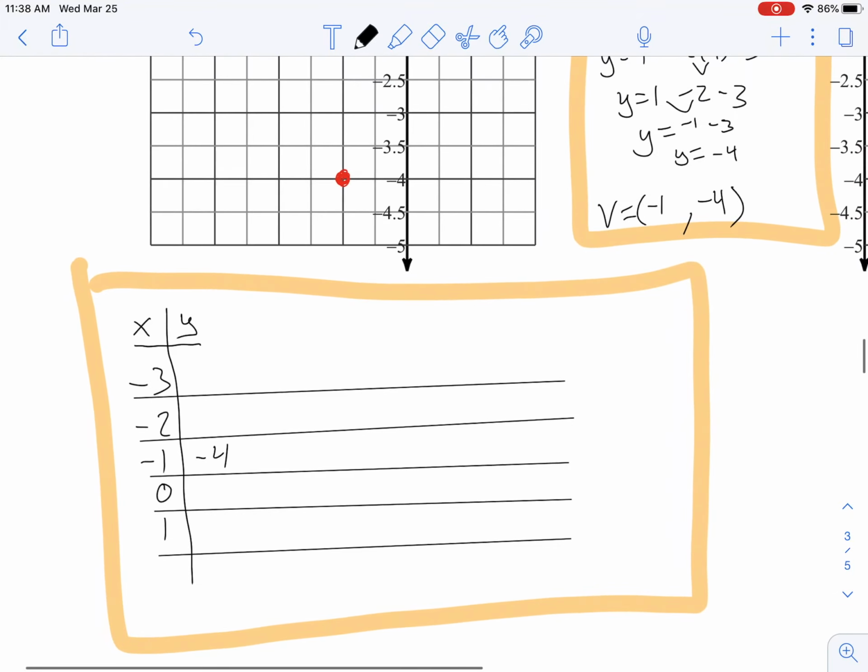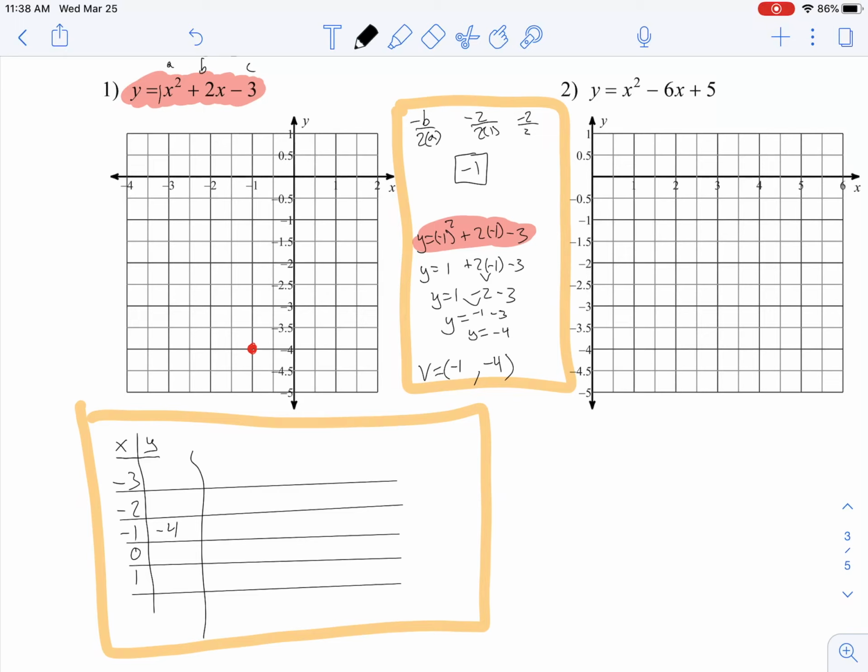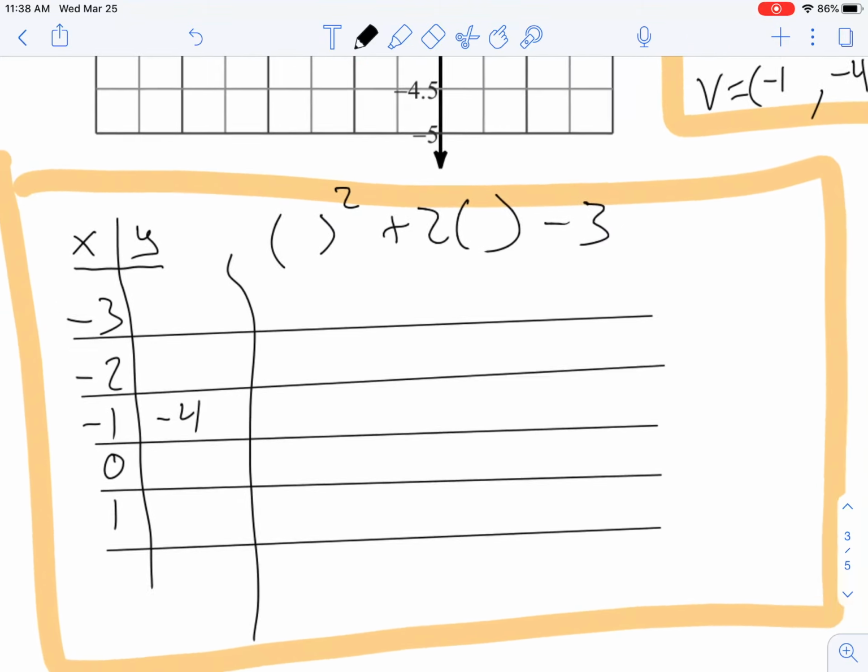So here's what we're going to do. And again, I'm just trying to figure out how to explain this the best. We are replacing x with some value.